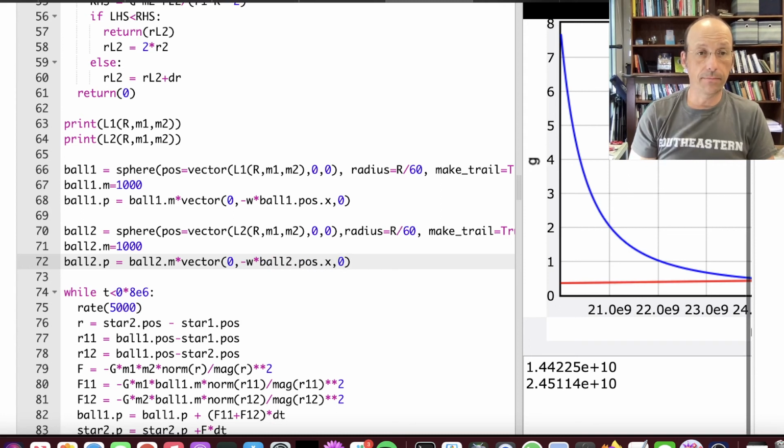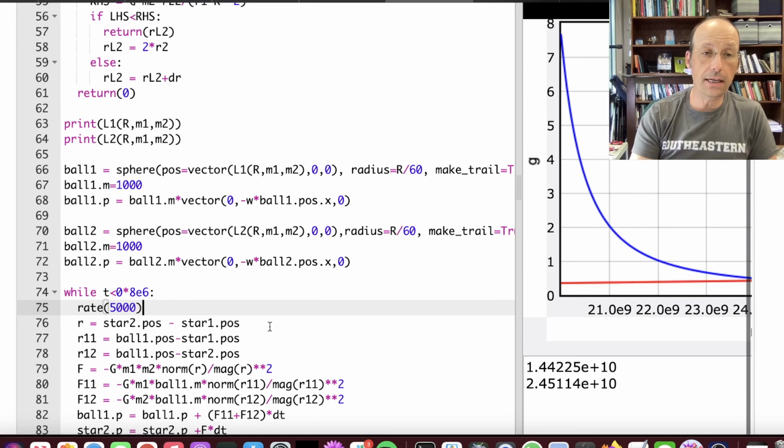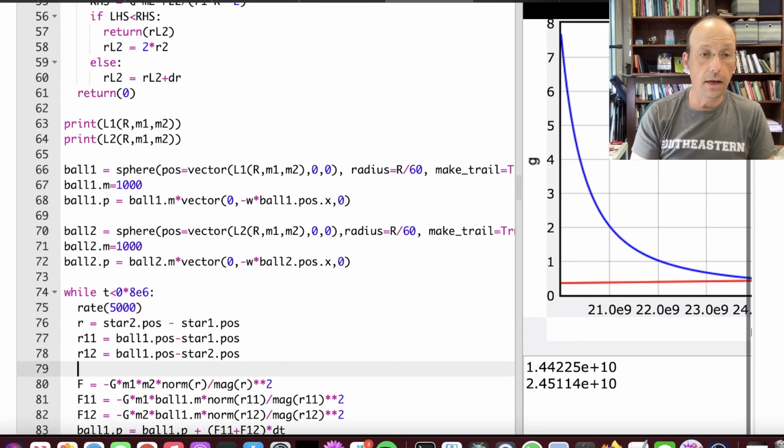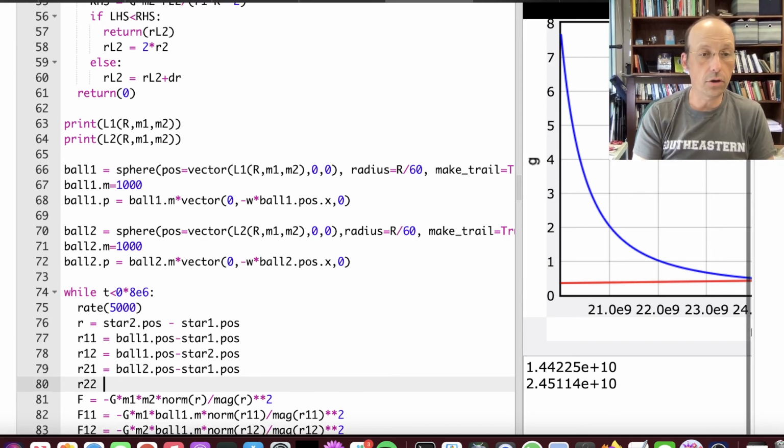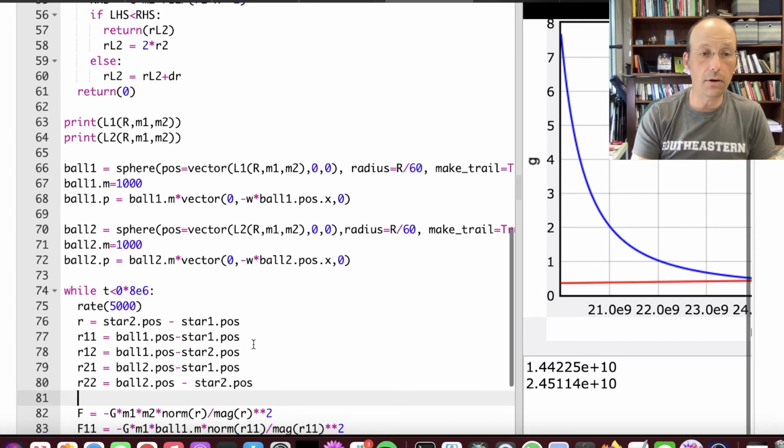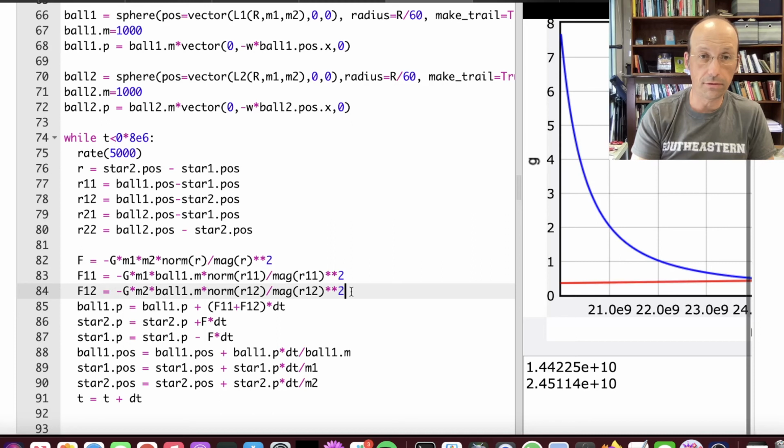Ball 2.p equals ball 2.m times vector 0, negative omega times ball 2.pos.x, 0. Okay, so now down here I need to calculate two more vectors. R21 is going to be ball 2.pos minus star 1.pos. R22 is ball 2.pos minus star 2.pos. Okay, so now I can go down here and calculate two more forces.